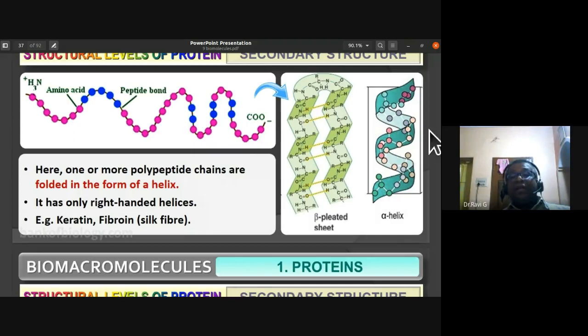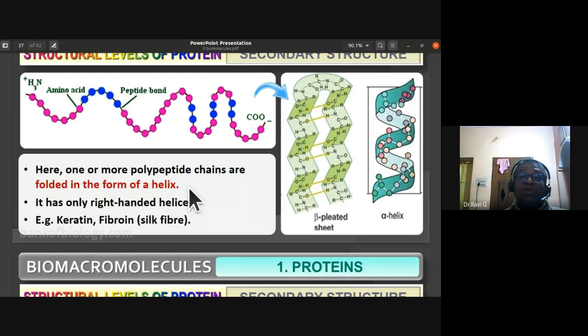Examples are keratin and fibroin, which is noticed in silk fiber. They exhibit this secondary structure with right-handed helices, so we call them right-handed helices.